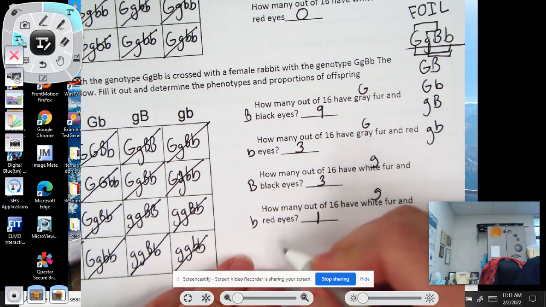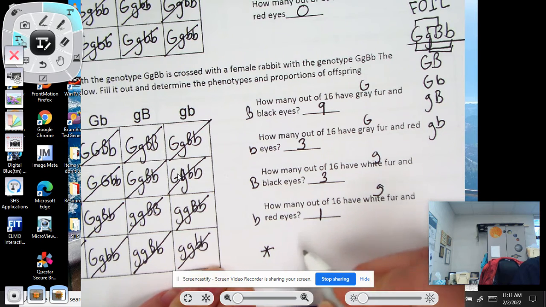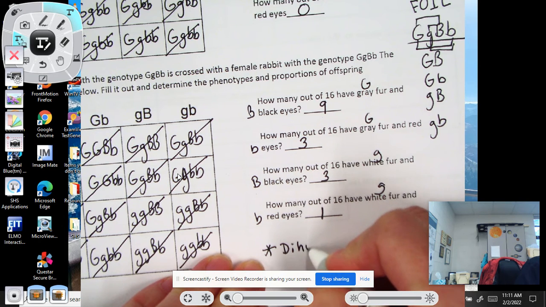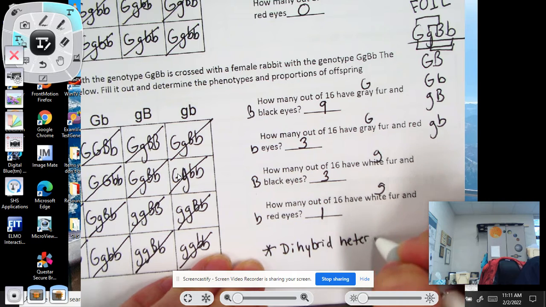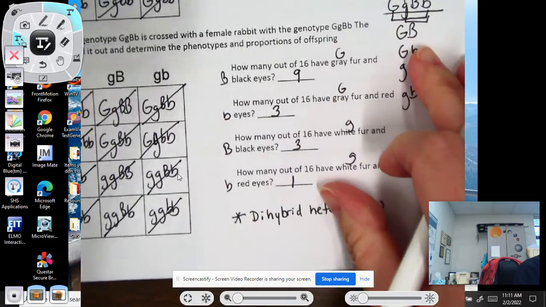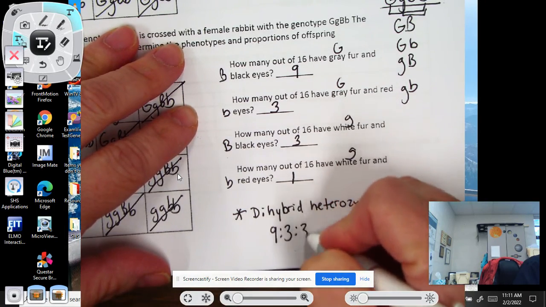Now, let me give you a little note here. Anytime you're crossing dihybrid heterozygous, the ratios are always going to be 9 to 3 to 3 to 1.